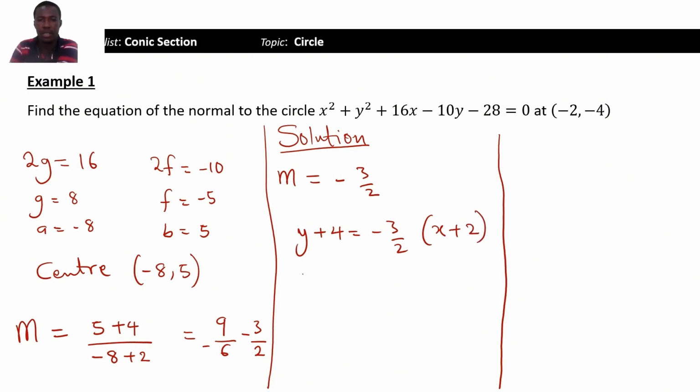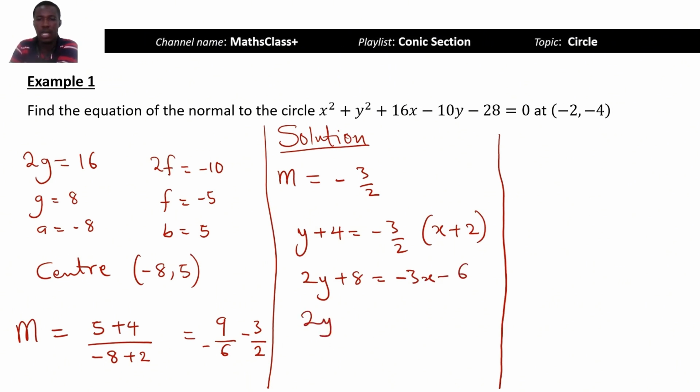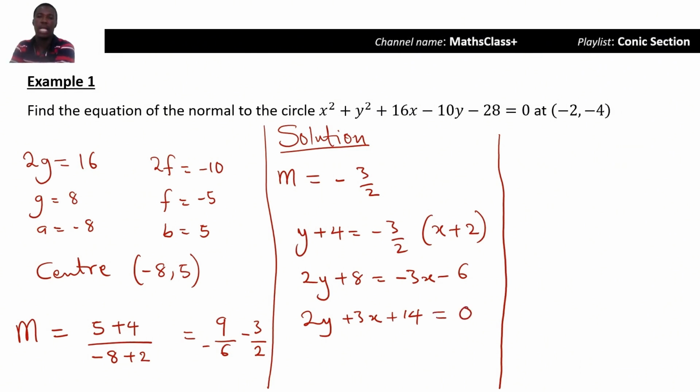So we have 2y plus 8 is equal to -3x minus 6. 2y plus 3x plus 14 is equal to 0. That is the equation of the normal as required.